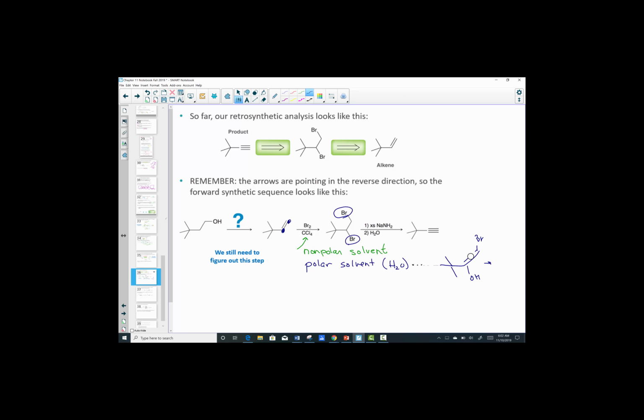So with the double bond addition and a polar solvent, the second bromine stands no chance of adding, because remember, this actually adds as a protonated water molecule, and then the next step you extract the proton off. But we end up with an alcohol and a bromine when we have a polar solvent. So critical that we have a non-polar solvent, so both bromines will indeed add.